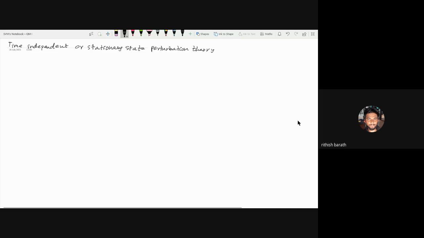Okay, so what I have been discussing is time independent, or also called stationary state perturbation theory. We had talked about two cases, degenerate and non-degenerate.